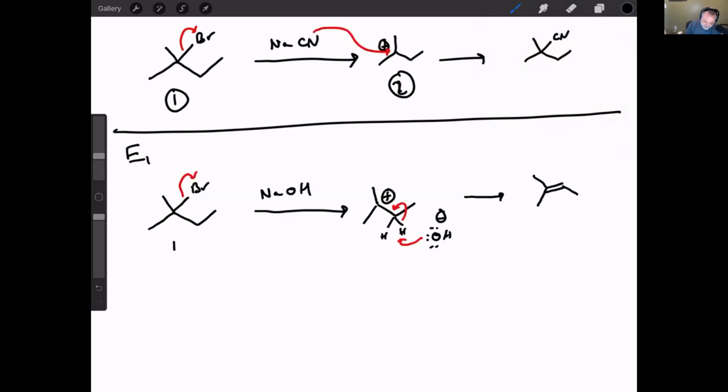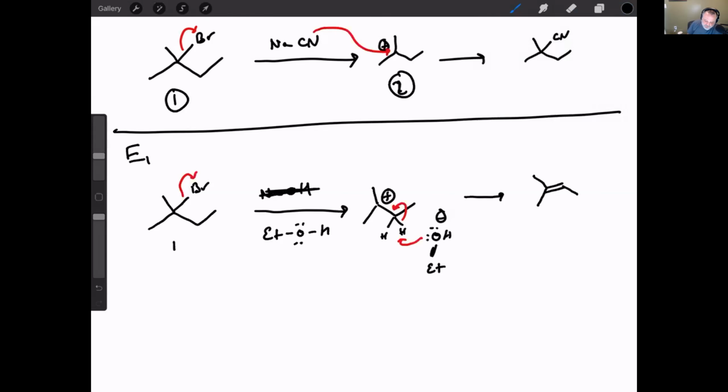Now, if I had replaced this with the same reagent that we showed before, ethanol, then it turns out that ethanol can act as a base as well.